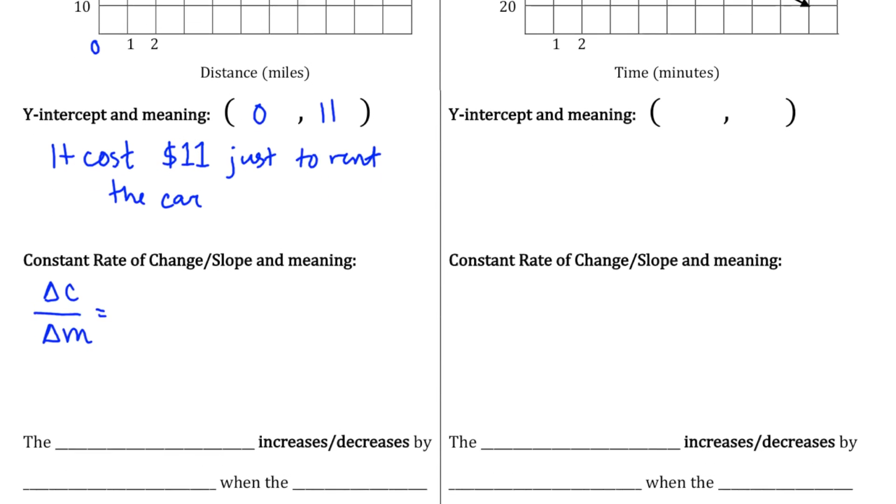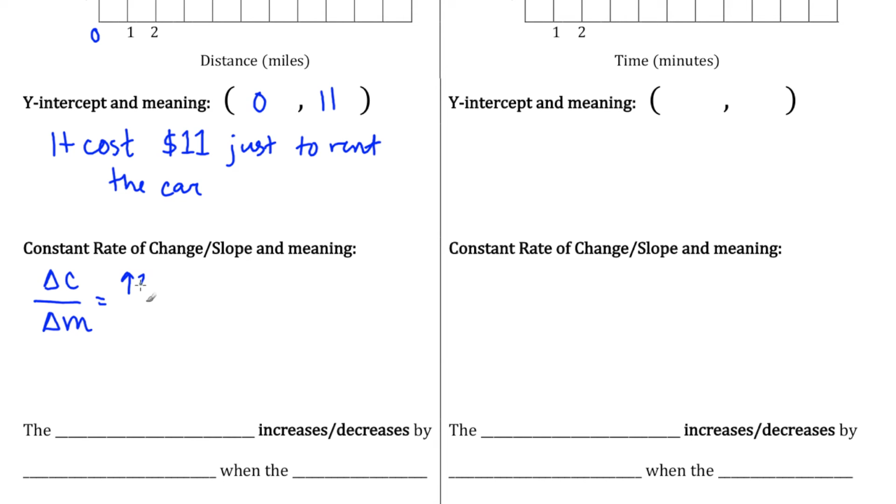So up 2, right 3. If you move up, it's positive 2. If you move right, it's a positive 3. Positive over positive is a positive. You can't reduce, and that's 0.66 repeating.